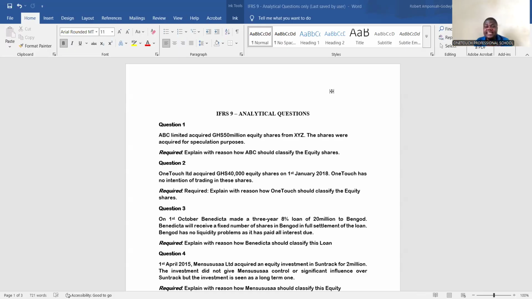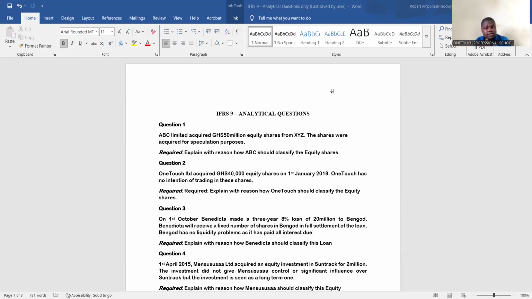Trading, the entity can also make an irrevocable election. Or you can say the entity can take a decision that cannot be reversed. That's the meaning of irrevocable election. The entity can make an irrevocable election to recognize it at fair value through what? Through OCI. Please get it.